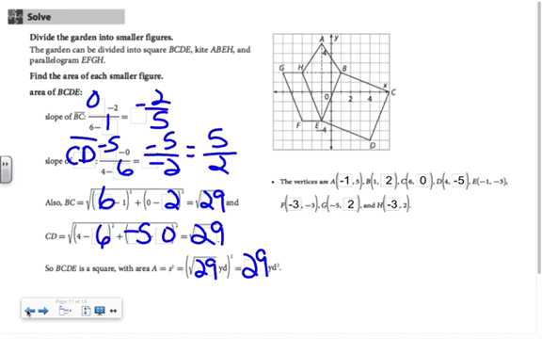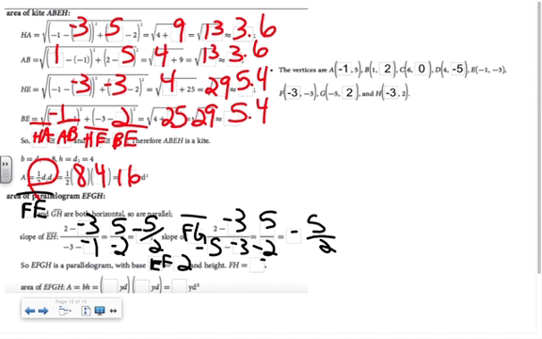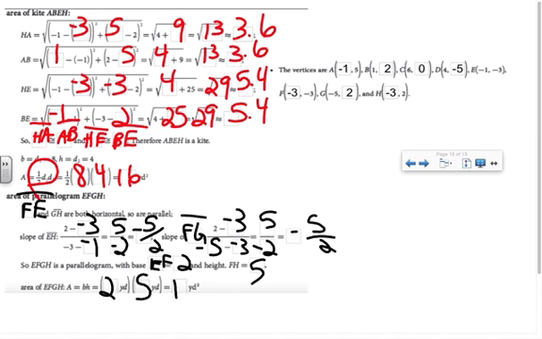That's conveniently a vertical segment that I can count out. It's 5. So the area of EFGH is 2 times 5, which is 10 square yards.